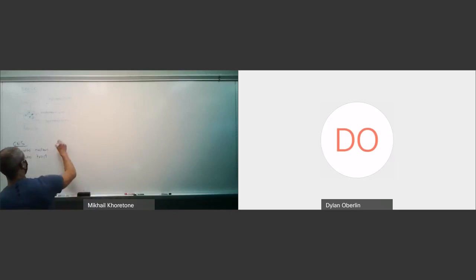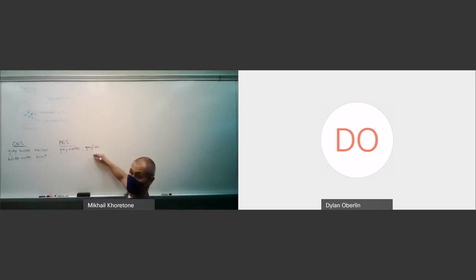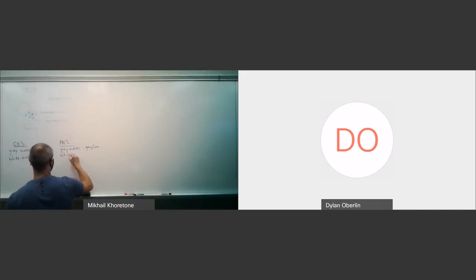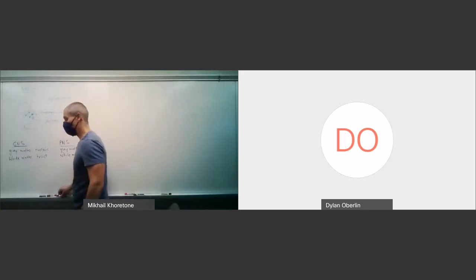In the peripheral nervous system, gray matter, essentially the assembly of neuronal bodies, will be called ganglia. Ganglion is singular, okay? And white matter is a nerve. Does that make sense?